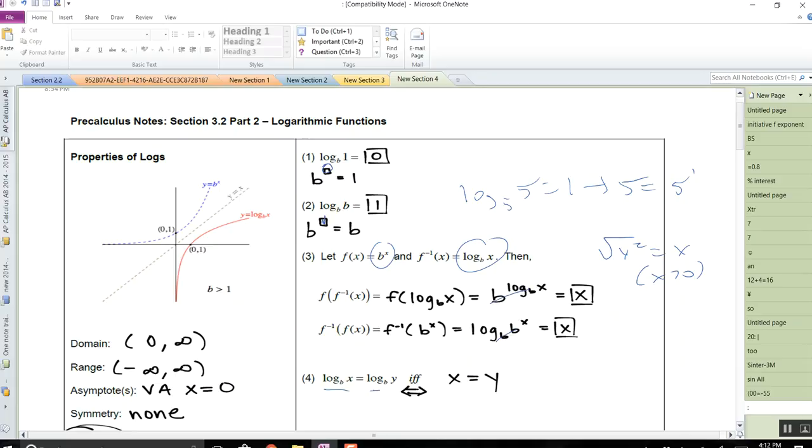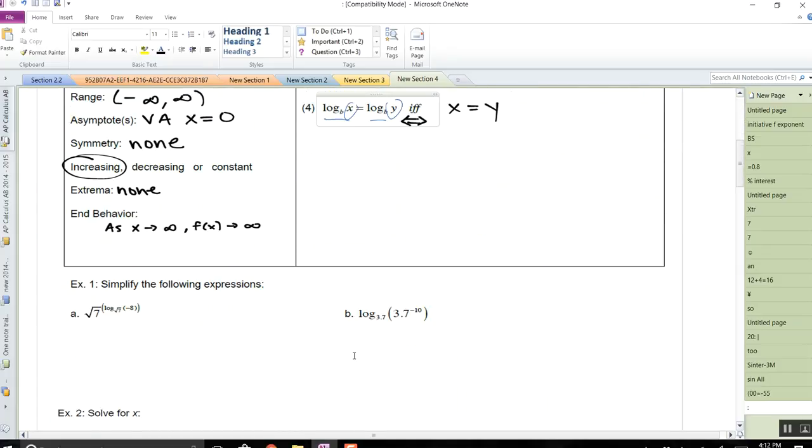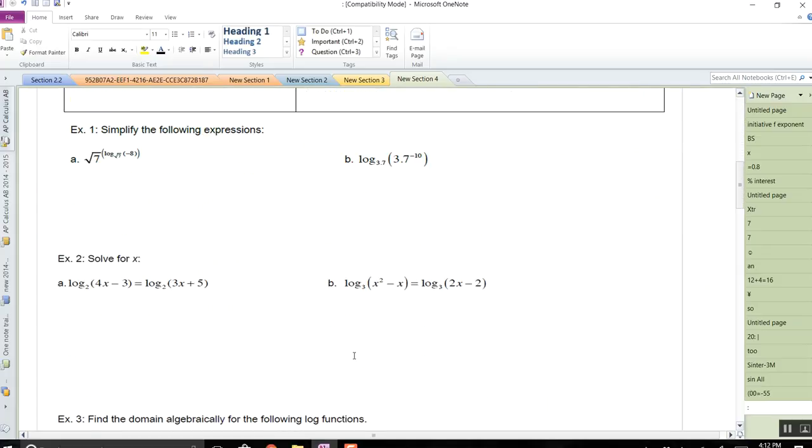Also remember, if you're logging the same thing with the same base, then the expressions will be the same. So look at some of these examples here. Does look a little nasty, but don't overthink it.